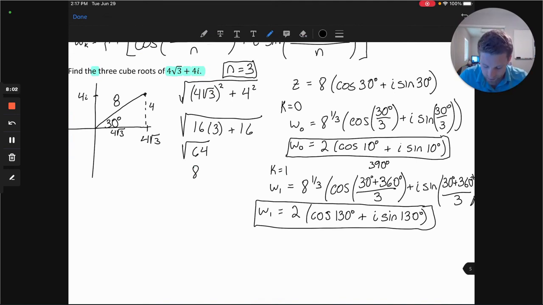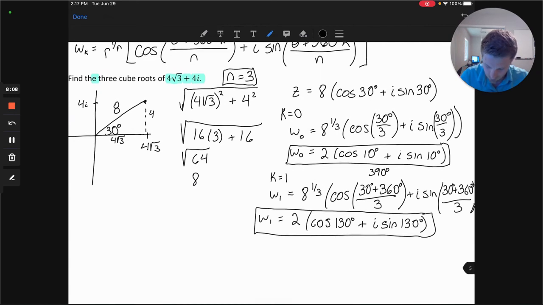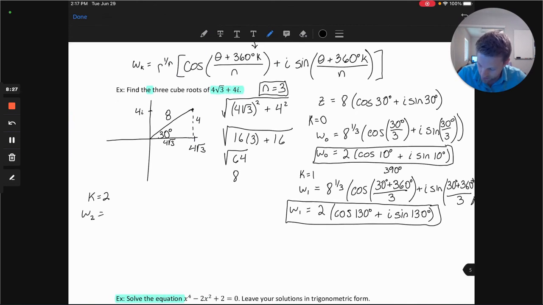And now the last case is where k is equal to 2. So this will get us our third. So when k is equal to 2, I'll just do it over here in some blank space. So we're doing w sub 2 now. This will be equal to, again, 8 raised to the 1/3 times cosine of theta.